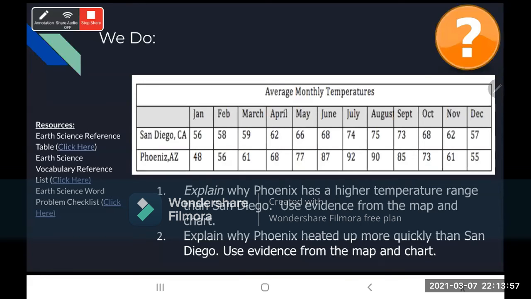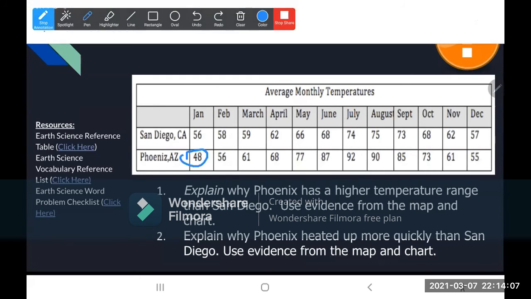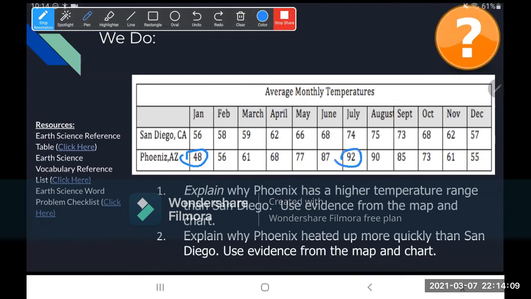Here it is one more time. Phoenix, Arizona, the temperature range. Now we're talking about the temperature range. Inland climates. We got 48 in Phoenix in the wintertime versus 92 in the summertime. Inland climate, more extreme. On the other hand, San Diego, the lowest temperature throughout the year is 56 versus the highest temperature throughout the year, which is 75.